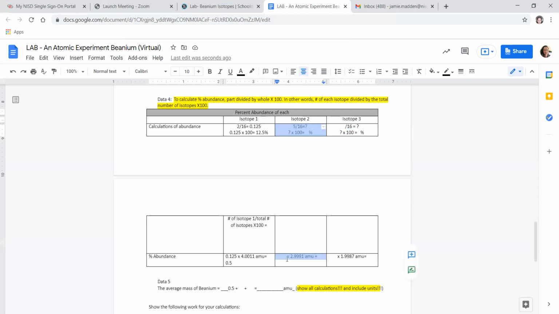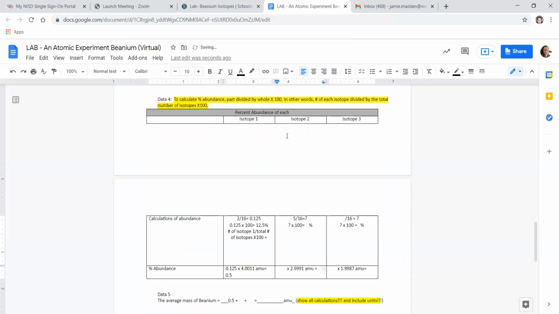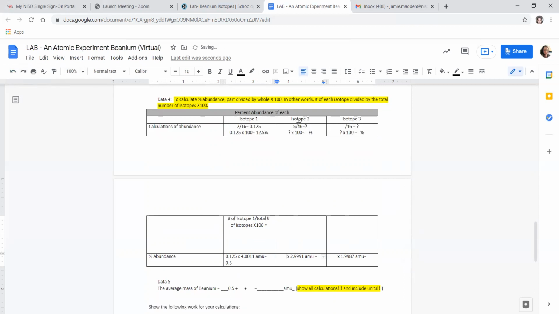Remember, we can't use a percentage. Even though I'm asking you for the percentages in these boxes, you're not going to use the percentages. You're going to use the first answer in each of those, multiply them times the mass, and get your answer for both of those.